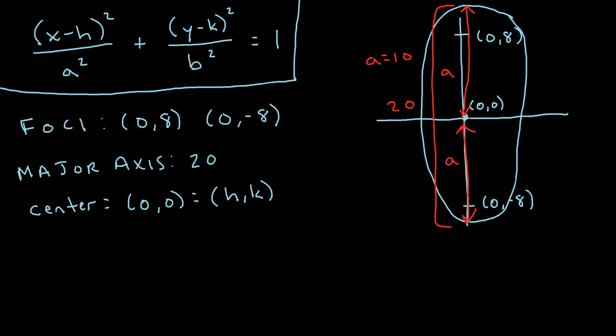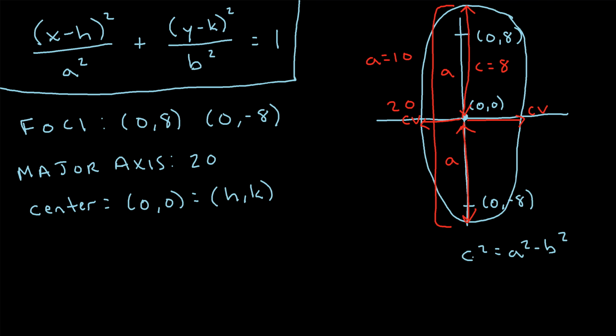And remember, b is the distance between the center and the co-vertices. So here's one co-vertex, and here's the other one. But we don't know what b is, but we do know that the following relationship exists. c squared is equal to a squared minus b squared, where c is the distance from the center to the foci. So we can see that this distance of c is equal to 8.